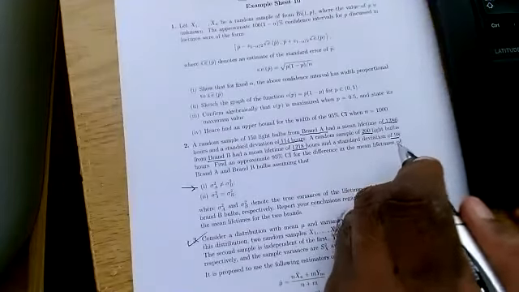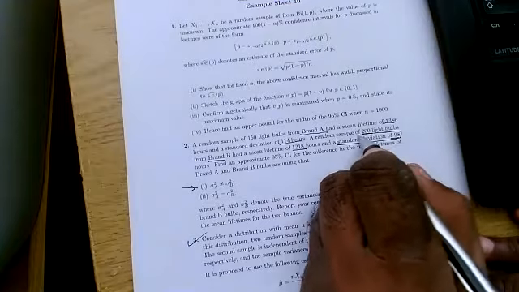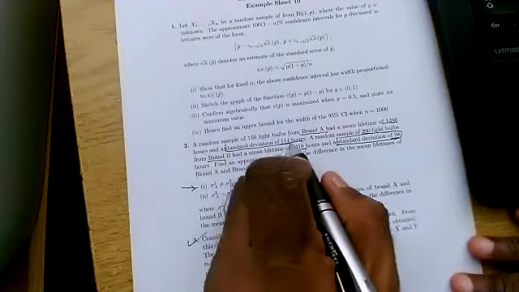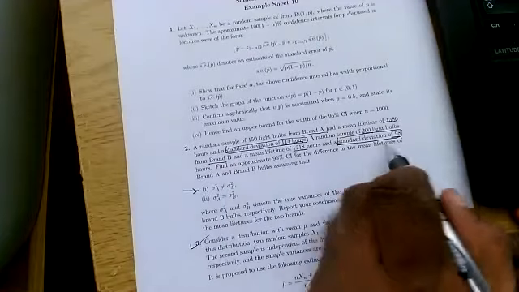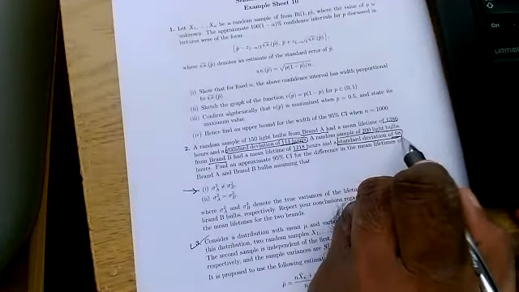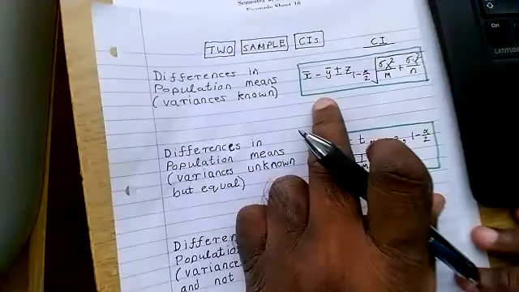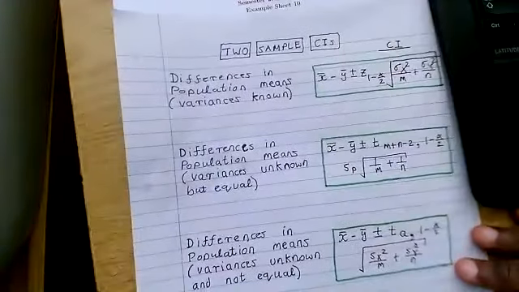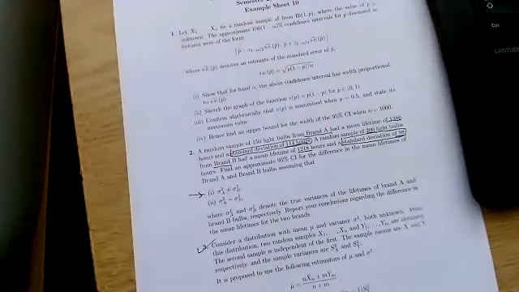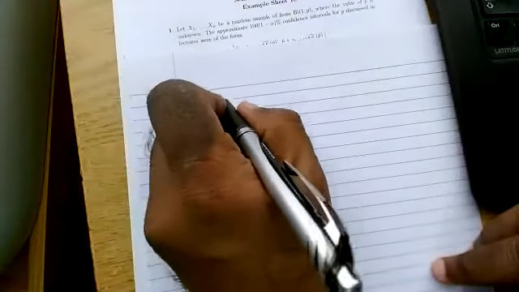You need to use the first one, because the question clearly gives the standard deviation for the first case as 114, and for the second one as 98. So I'm going to use this formula to derive the 95% confidence interval. Okay, guys, is that okay with all of you? So this is question 2, part 1.